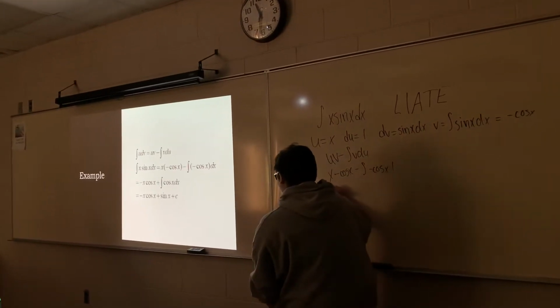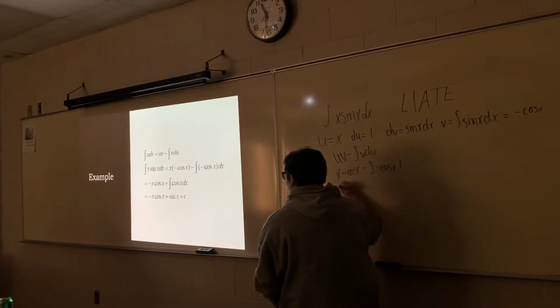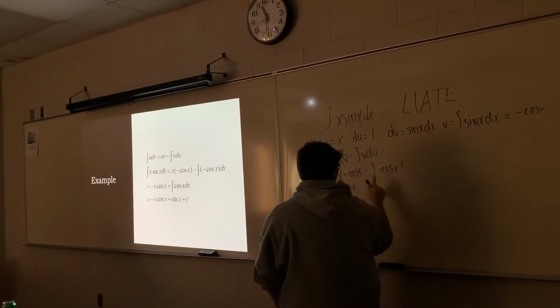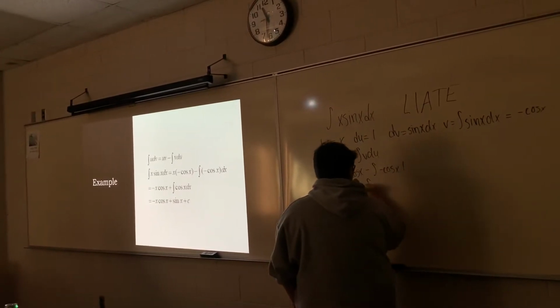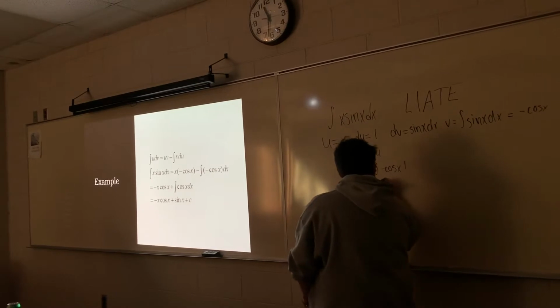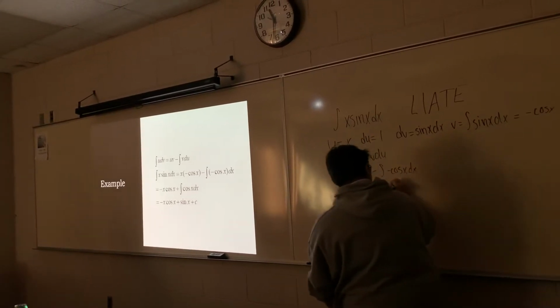So now you're going to multiply. x cosine x. You can take out a negative here, which is really great. So it's just going to be plus the integral of cosine x. Oh, I forgot my dx, minus 10 points.